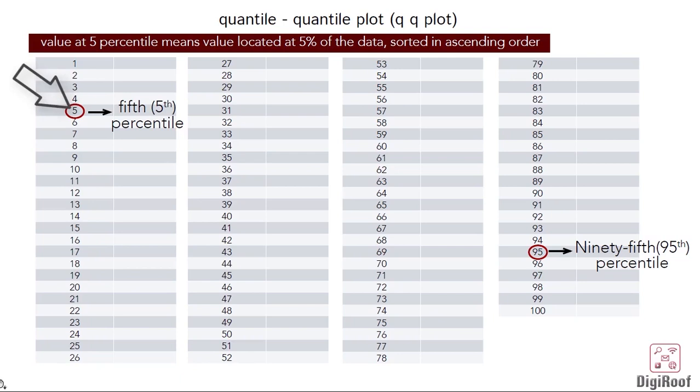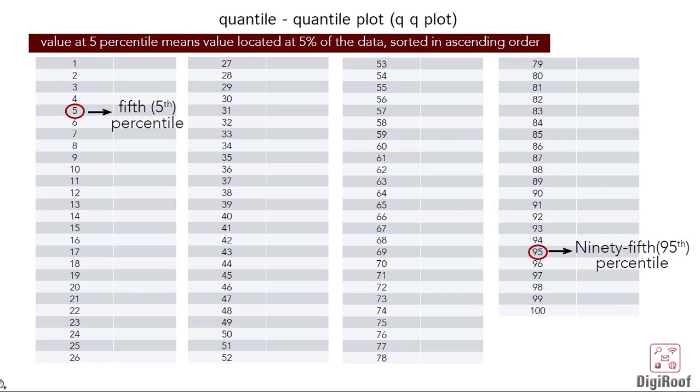The number present in the 5th position in this ascending sequence represents the 5th percentile. This is because the number present in the 5th element represents the position that corresponds to 5% of the data. In the same manner, the number present in the 95th element represents the 95th percentile, and so on.